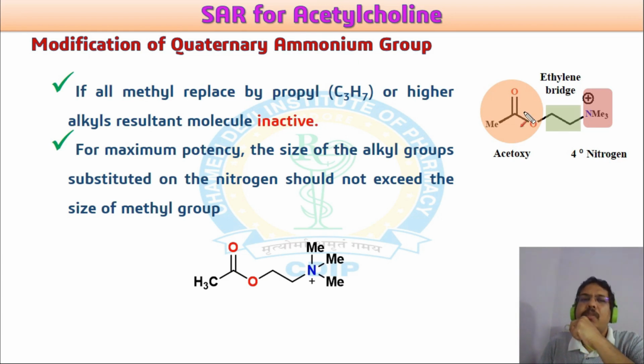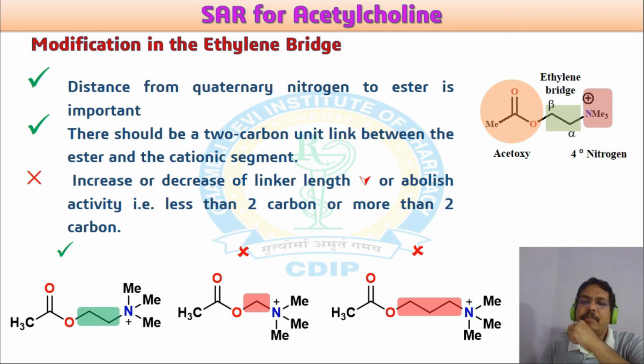If we go for modifications in terms of the ethylene bridge, then it gives some type of selectivity or specificity for the muscarinic or nicotinic receptors.